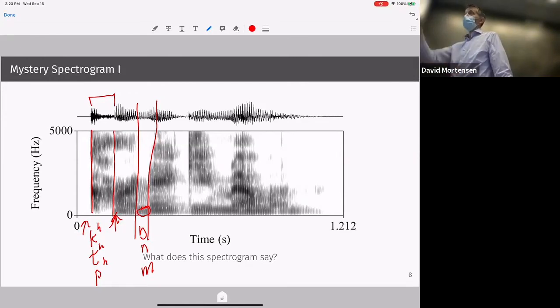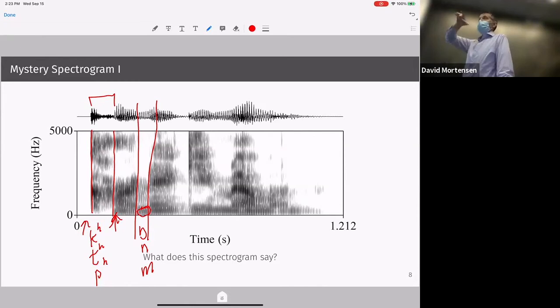If it's N or M, does N have higher frequencies than M? We would expect that M would basically just have F1, and N might have F1 plus some noise on top of it. For M, you expect all of the formants to dip around it.